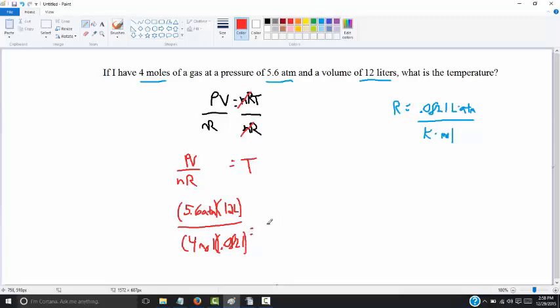That's what you have. 67.2 for the top. At the bottom, 0.3284. So 67.2 divided by 0.3284.